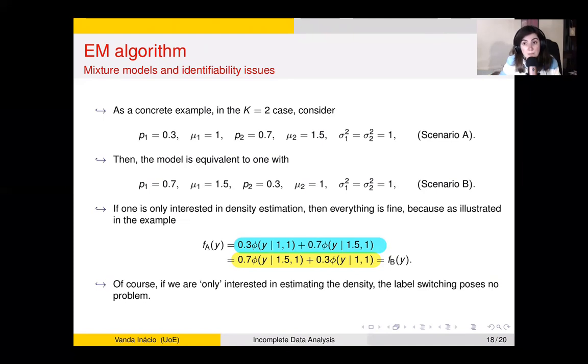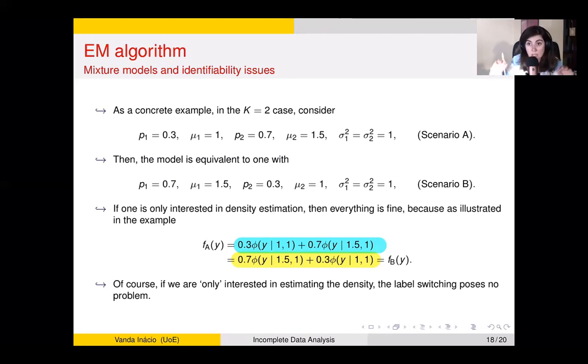Making statements about the means or the variances of the components, we need some more care. In our code, as long as the initial value for the mean of the first component is smaller than the initial value of the mean of the second component, we do well.